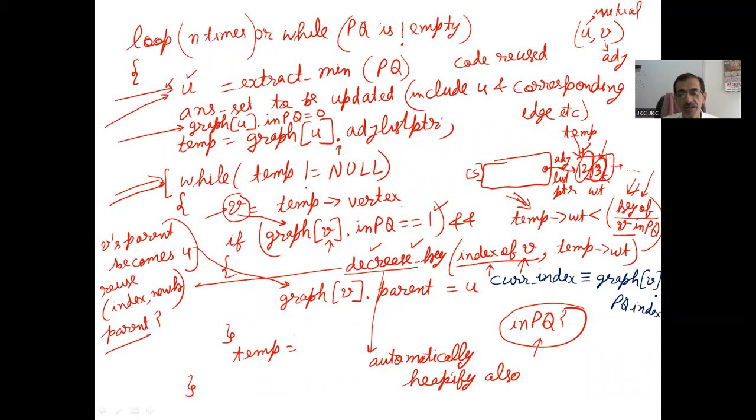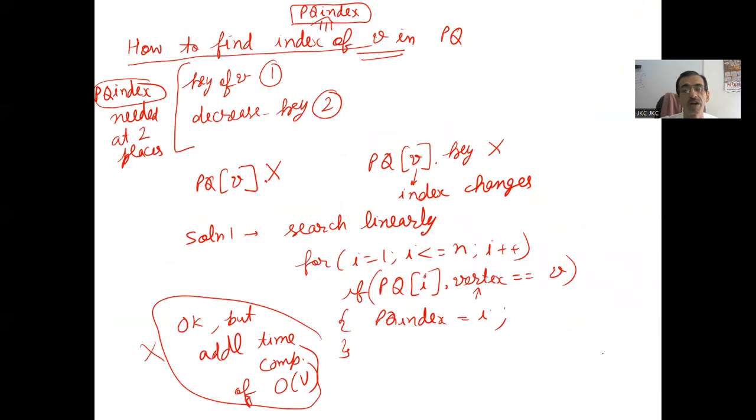Similarly, here, when I said decrease key index of V, and here also key of this to be used, effectively it means nothing but the corresponding PQ current index dot key. So this way, I will be able to do this. This is going to be the overall logic.